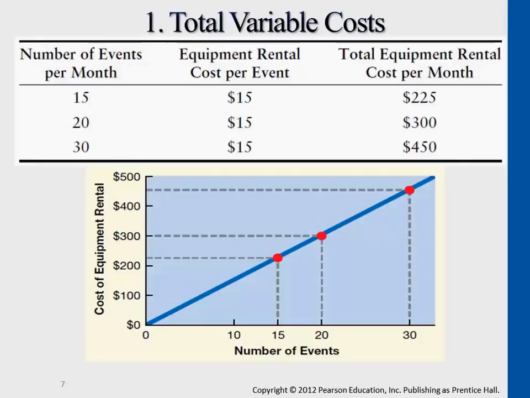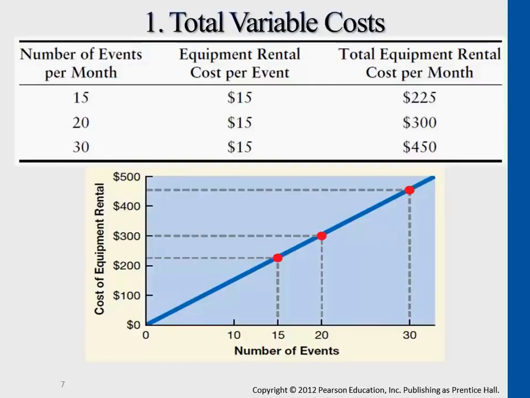It will be 300 minus 225. So the difference in the cost over the difference in the number of events held, this will be 5, and this part will be 75.